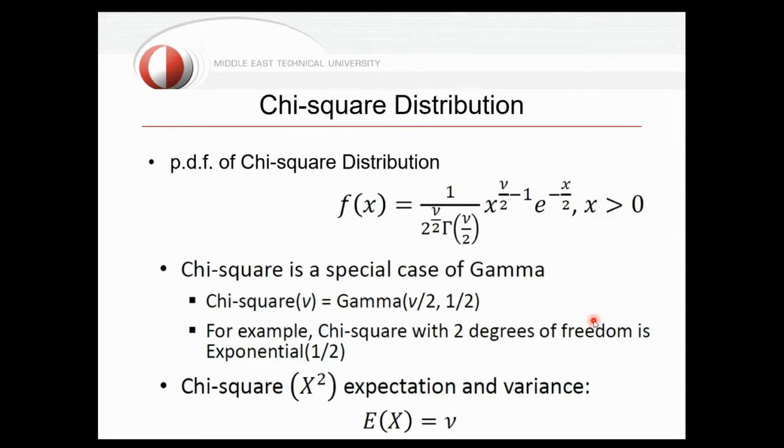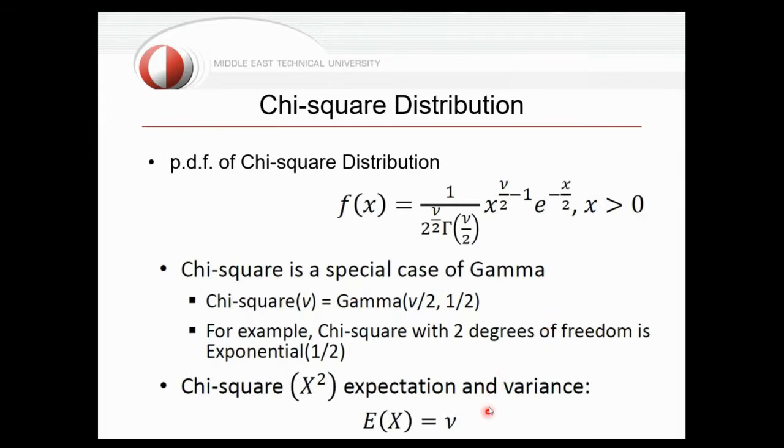Even for one population case, we have the same formula, like this is n minus 1, sample size minus 1. And that's why I say that chi-square is a particular case of gamma. You just choose degree of freedom over 2 for the first component and half for the second component of gamma, and you will construct a chi-square distribution.